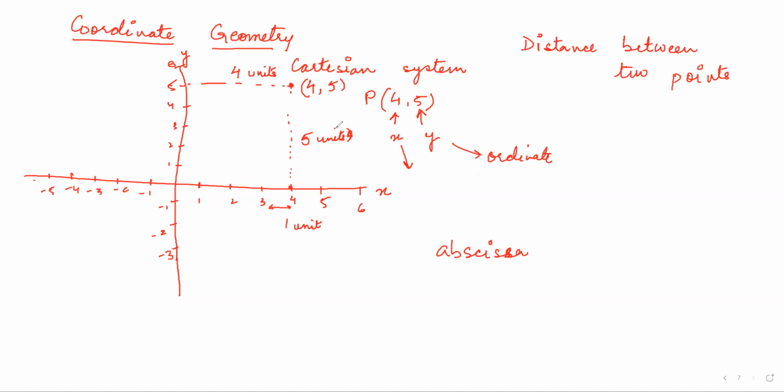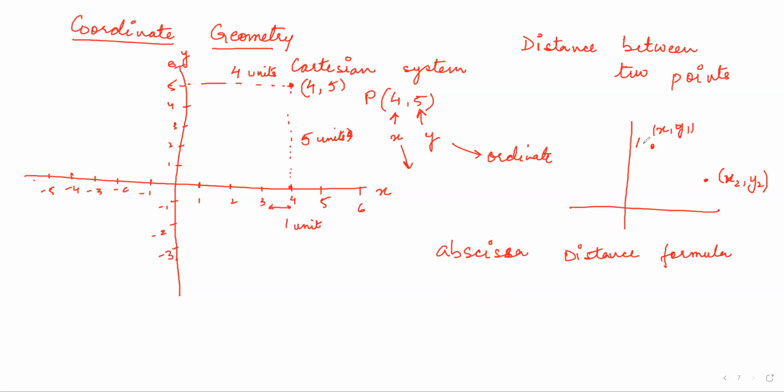For example, I have 2 points. Let's say one point is here, x1 and y1, and the other point is somewhere here, which is x2 and y2. So there's a formula which is called the distance formula. I'm not going into the derivation. Simply note down the formula.